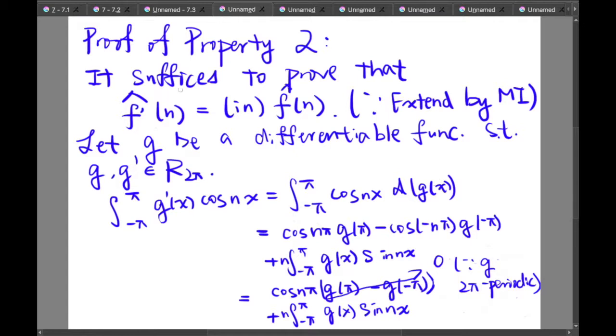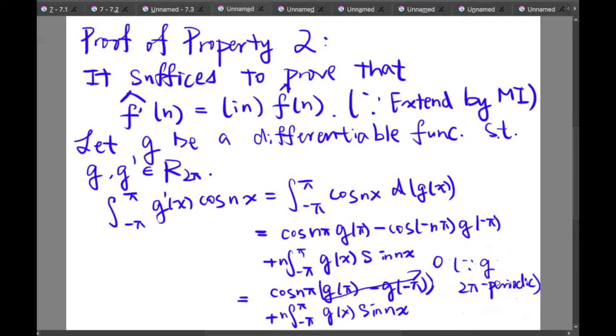It's fastest to prove that the hat of f prime at n is equal to in times f hat n, because it can be extended by mathematical induction. So let g be a differentiable function such that g and g prime are inside R2pi.